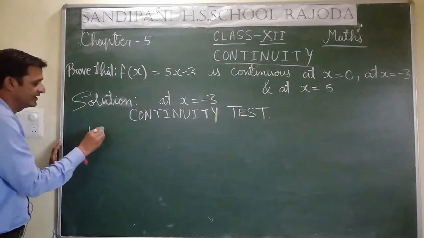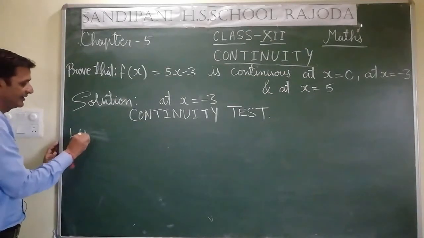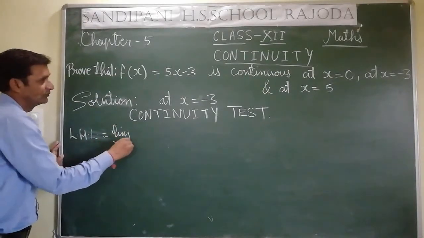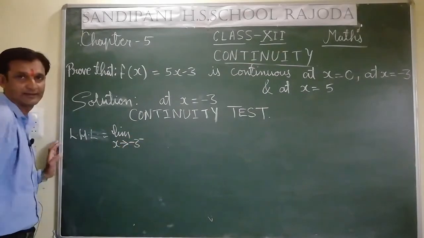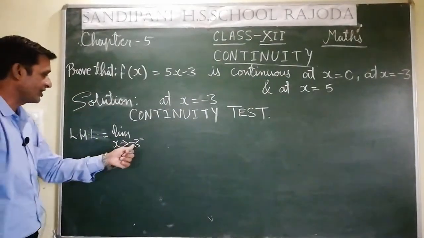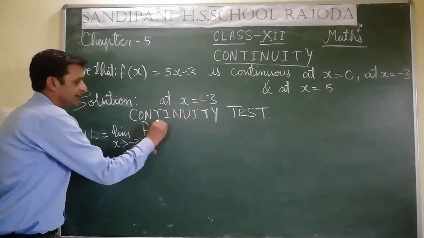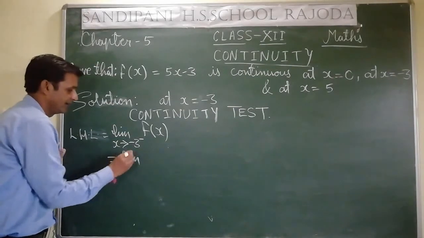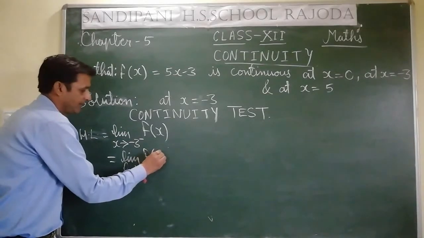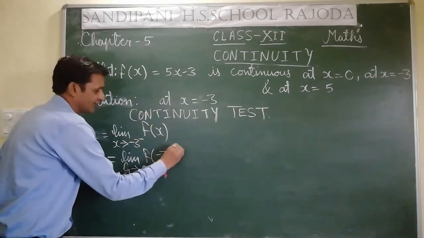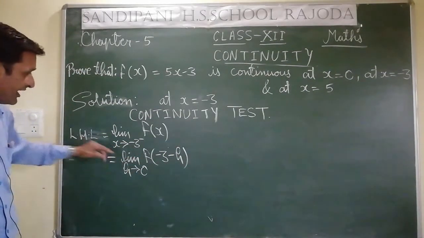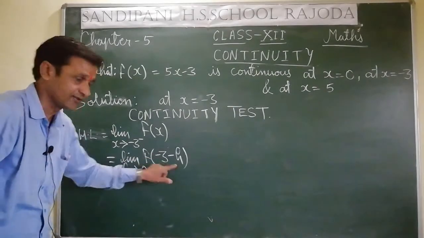LHL, again in the same manner, LHL is equal to limit x tends to minus 3 minus f of x, that is equal to limit h tends to 0 f of minus 3 minus h, because it is minus 3 and we are taking the left hand limit, that is why we take minus 3 minus h.